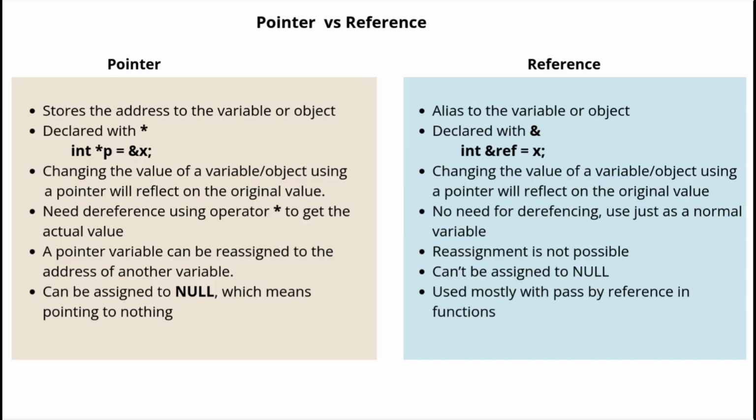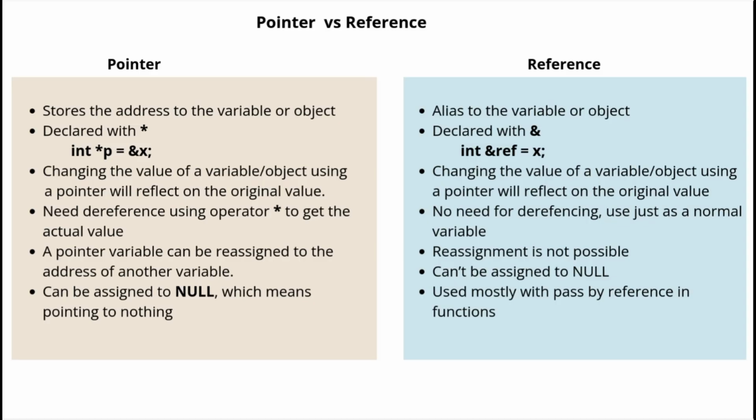If you want to change the value of the variable or object using the pointer, you use the dereference operator and apply some operations on that, and it will reflect on the original value, because it's not a duplicate copy. The pointer is pointing to the original object. Similarly, a reference is the same.